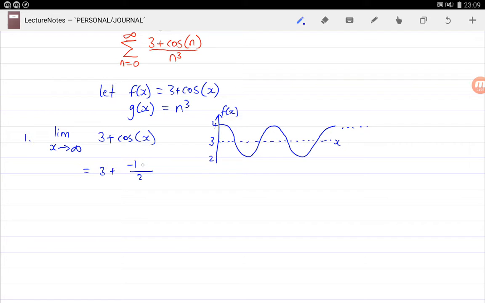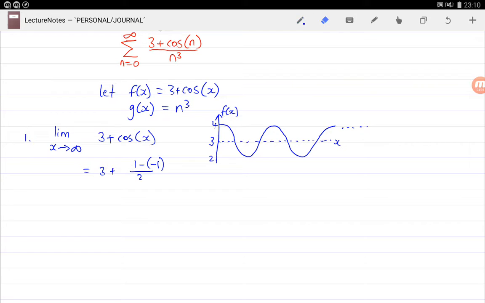The minimum is minus 1, and the maximum is plus 1. We're just trying to get an average here.